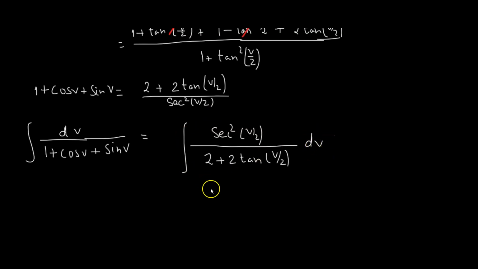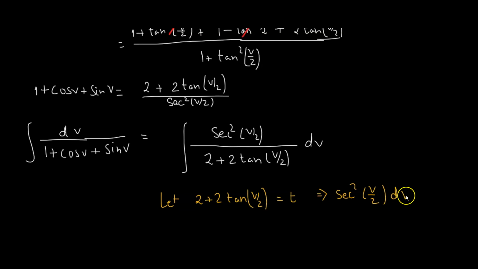Now this integral on the right hand side can be solved by using the method of substitution. So let us suppose 2 plus 2 times tangent of v over 2 is equal to some variable t. Differentiating both sides with respect to v should give us secant squared v over 2 dv, which will be equal to dt.